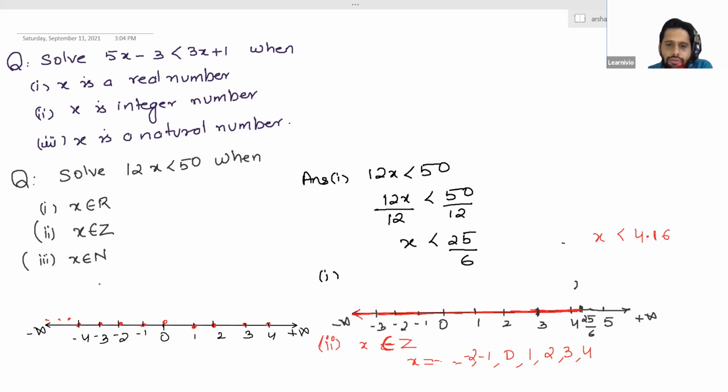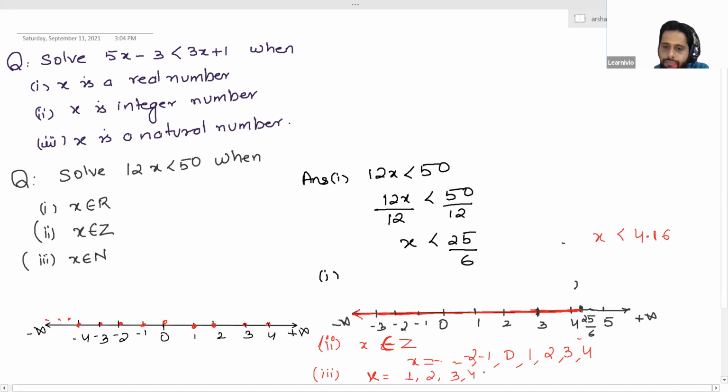Now, next is natural numbers. So, Rishan, can you tell me the third one, x is a natural number? What are the possible answers we have? 3, 2, 1. Very good. But Rishan, these are all the integers, so we need to select the natural numbers from this. So 4, 3, 2, 1. So we can say 1, 2, 3, and 4.